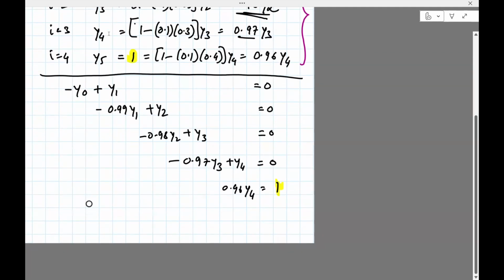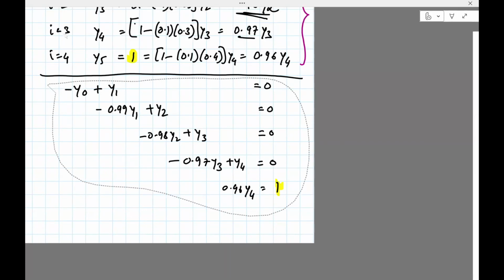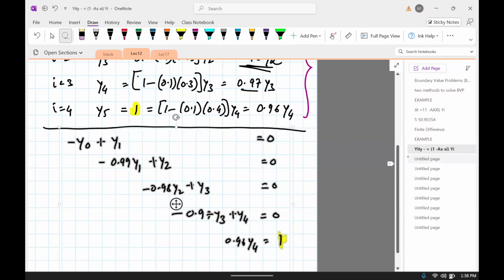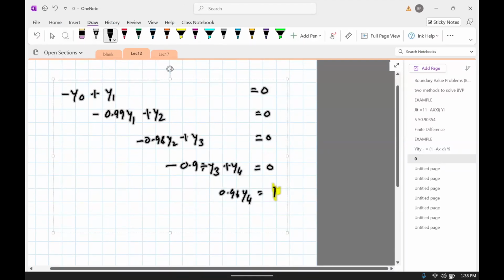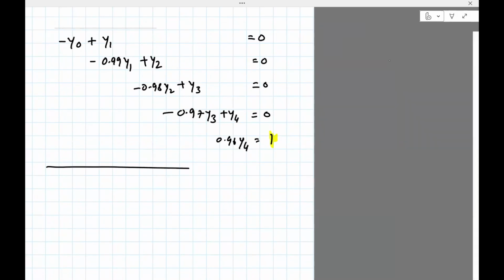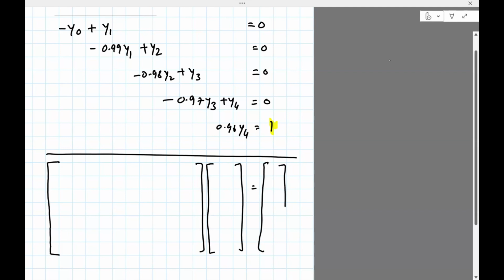Okay, so you can see that it's basically a linear equation. All the lines are linear. We'll just write it as a matrix now. It's best for me to copy this. Okay, so here it is. What I need here is y0, y1, y2, y3, and y4.